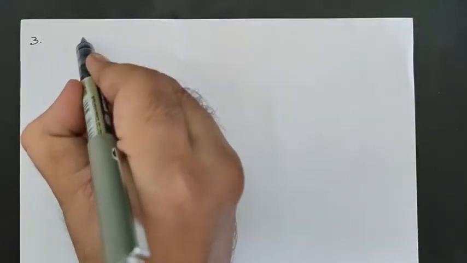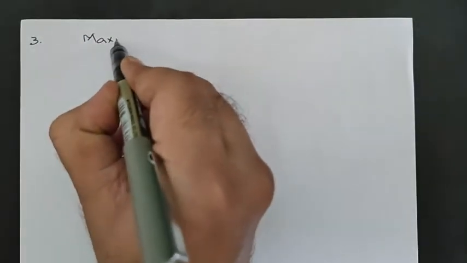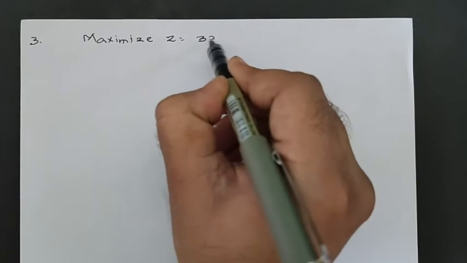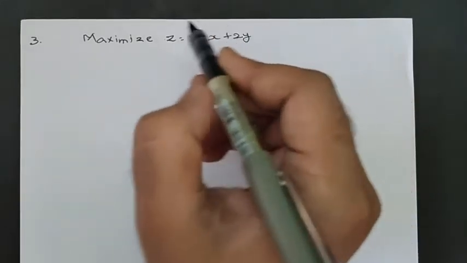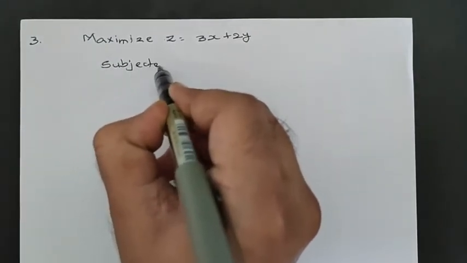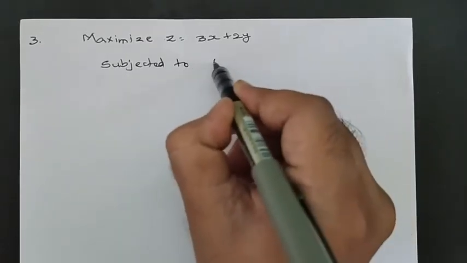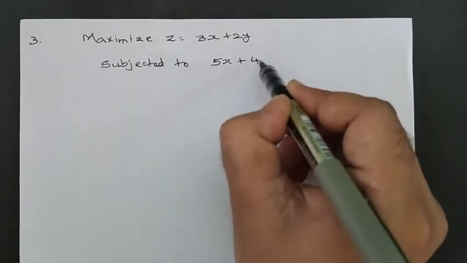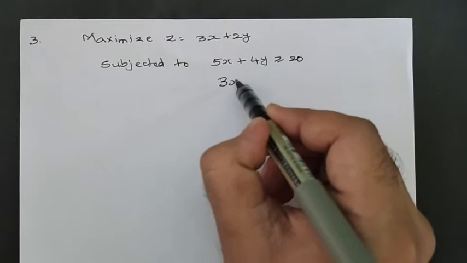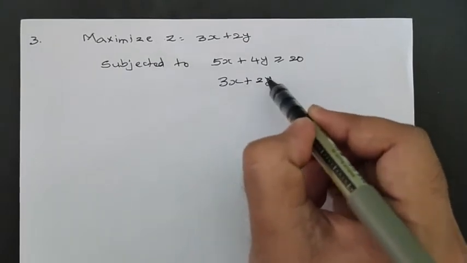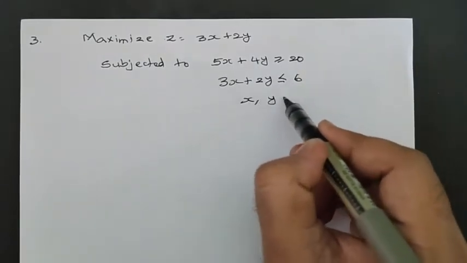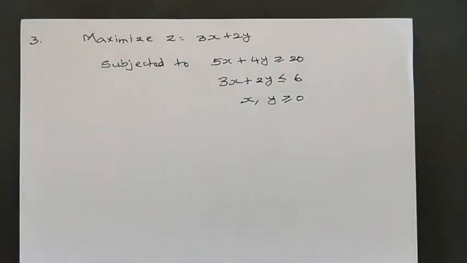The problem is maximize z is equals to 3x plus 2y subjected to 5x plus 4y greater than or equals to 20, 3x plus 2y less than or equals to 6, x comma y greater than or equals to 0.